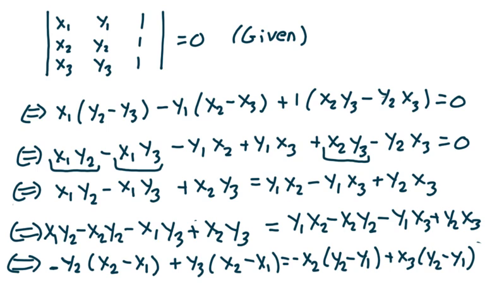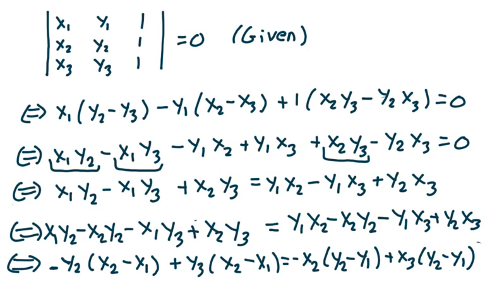Now, by definition, this is true if and only if x1 times (y2 minus y3) minus y1 times (x2 minus x3) plus 1 times (x2 y3 minus y2 x3) equals 0. So we're going to do this proof by a bit of a brute force method.